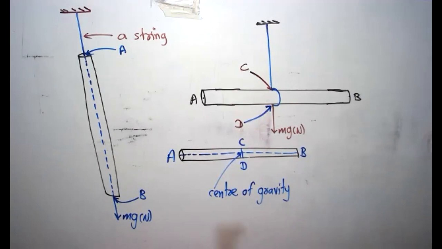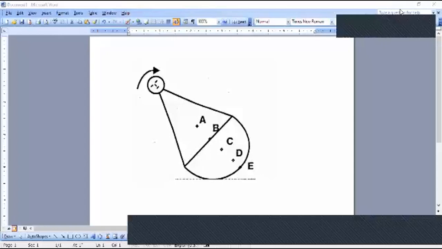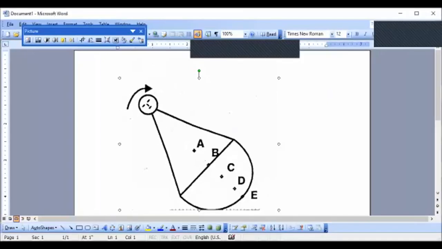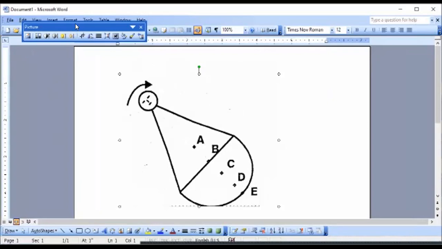Can somebody read that note once again, dear? Somebody unmute the mic and read that note once again. Just read the starting points, after that I'll help you.